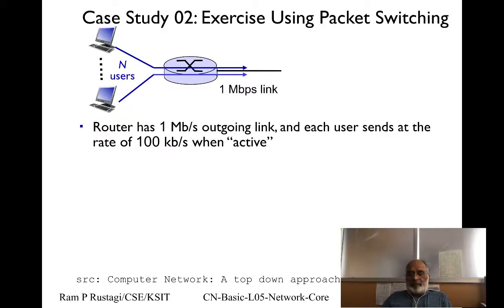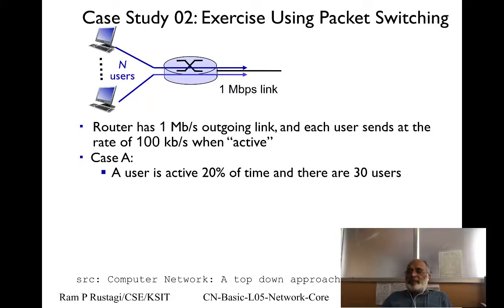The next exercise is, again, a router with a 1 Mbps link. Assume that, again, users are transmitting 100 kilobits per second when they are active. Let's assume that instead of 10% of the time, this time a user is active 20% of the time, and there are 30 users.